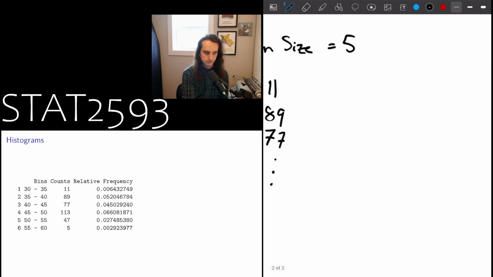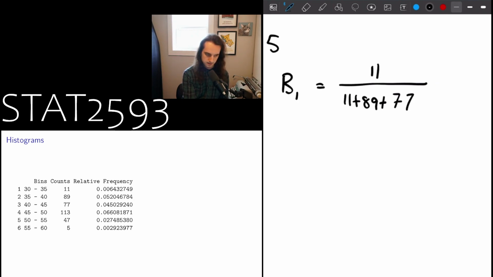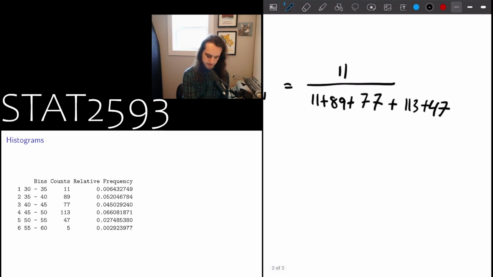So the relative frequency for the first bin, bin 1, is given by 11 divided by 11 plus 89 plus 77 plus 113 plus 47 plus 5. If you do this calculation, you should see that it's 0.006432749. And you should be able to do that for all of the different bins that we have here.